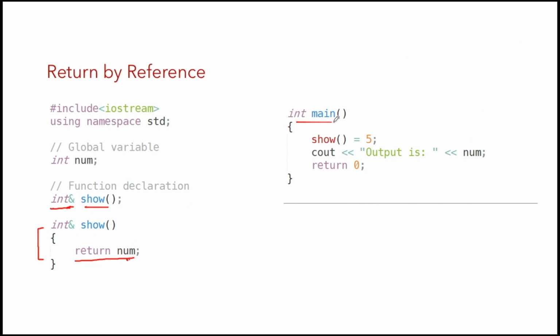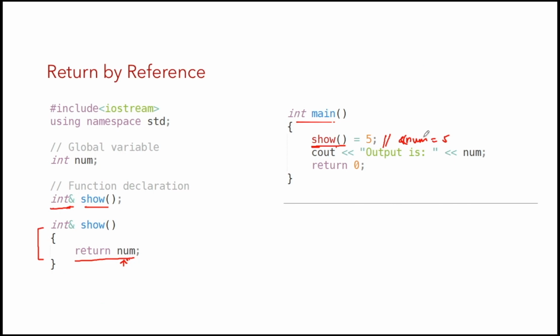So inside main, let's say I am calling show equal to 5. Now because you are returning a reference to this variable, you can use the assignment operator on this function name. So this statement is similar to address of num is equal to 5.